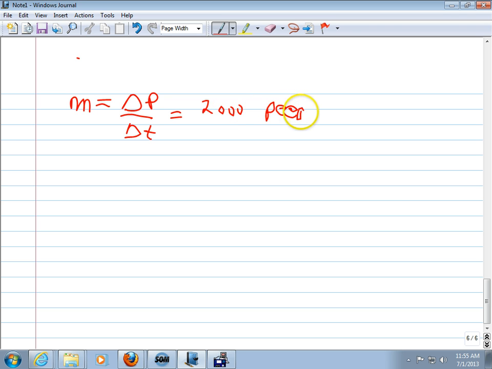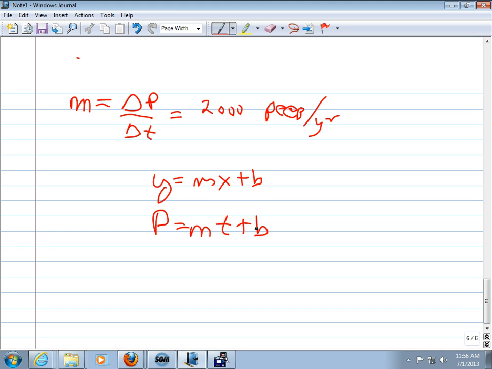Now I want to write y equals mx plus b, because I know it's a line. Except it's not y, what is it in this case? It's p. And it's not x, what is it? It's t.